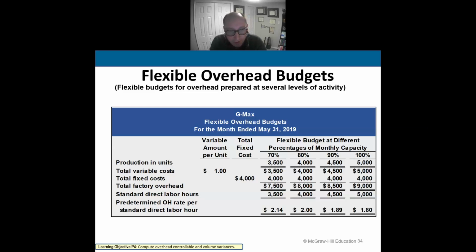And this kind of shows from that example what predetermined overhead rates are. It's total factory overhead divided by the direct labor hours. That is the activity base. So budgeted total factory overhead divided by the activity base, number of hours, typically. That'll give you the predetermined overhead rate per hour at each level of output.